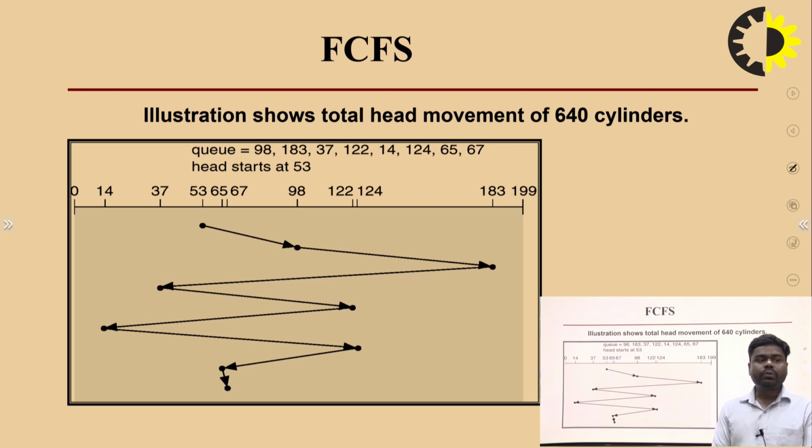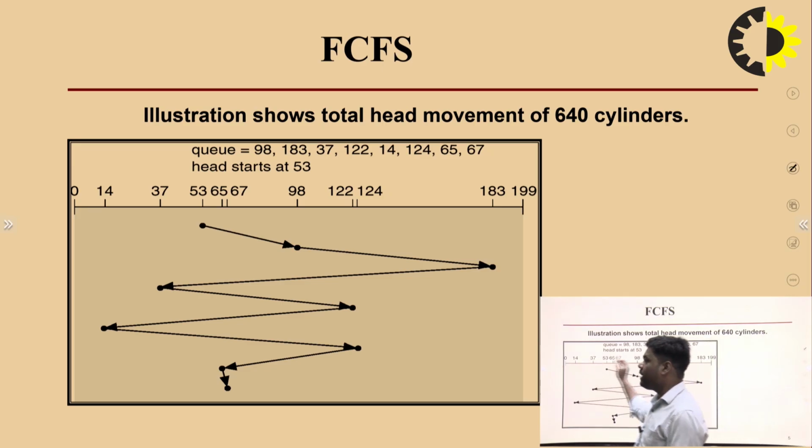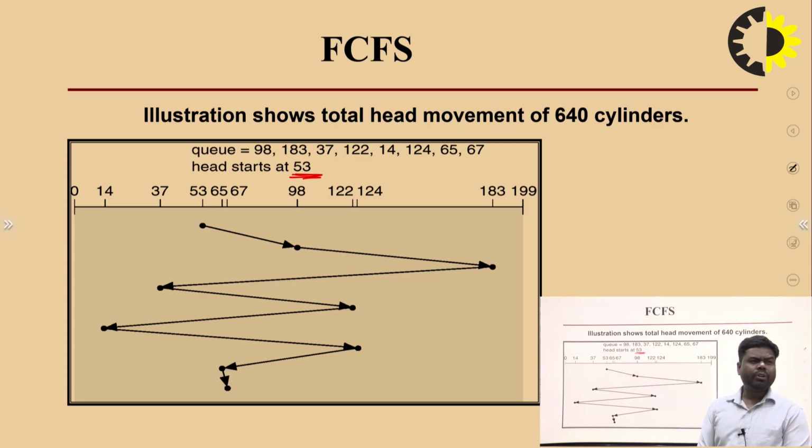The queue given is 98, 183, 37, 122, 14, 124, 65 and 67, and the head starts from 53. We have taken the disk line from 0 to 199, and the head movement starts from 53.